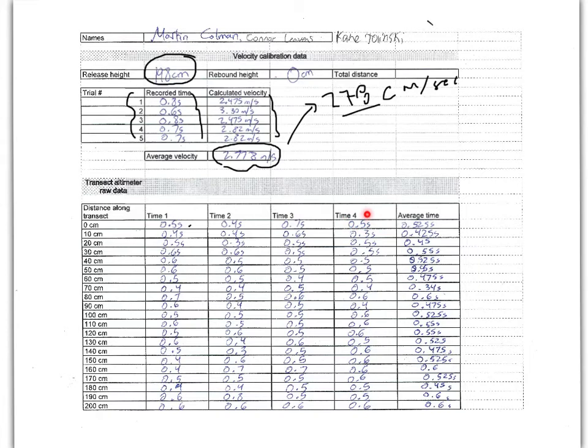So, given those times and this 278 centimeters per second, if the ball drops half a second, let's just say 280, then that half a second would represent 140 centimeters for dropping from the profile to the floor.